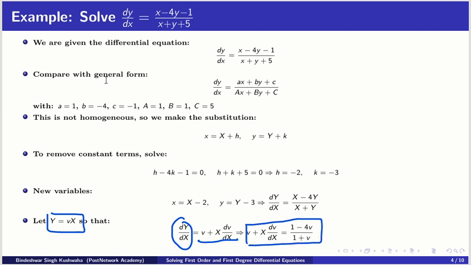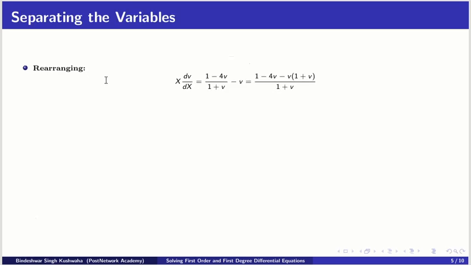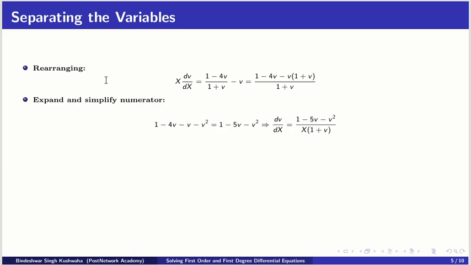Then we will separate the v terms on one side and the x terms on the other side. So we have to rearrange, and after rearranging we will get this one. So dv over dx, we will have this expression.